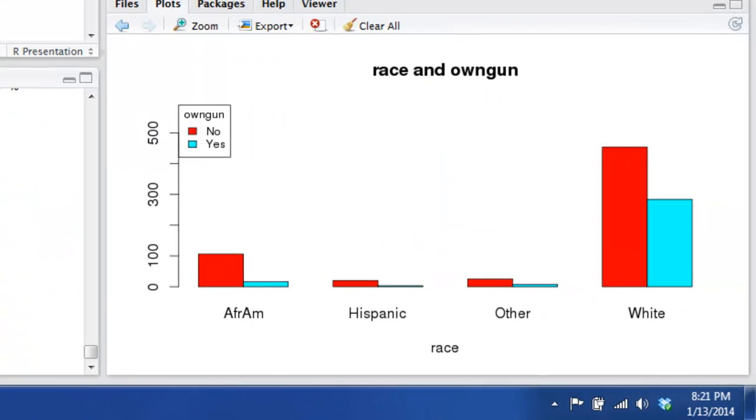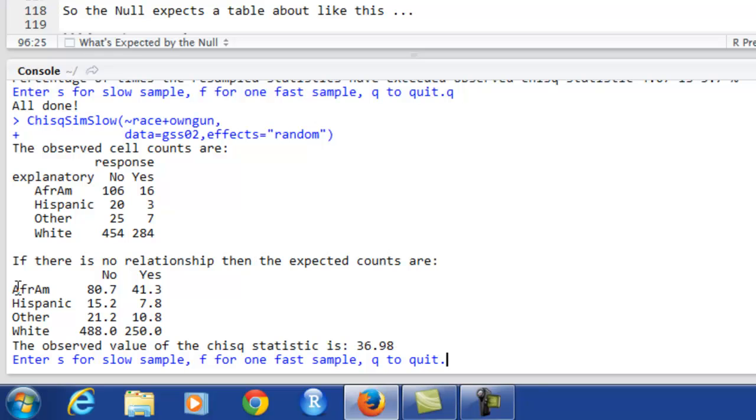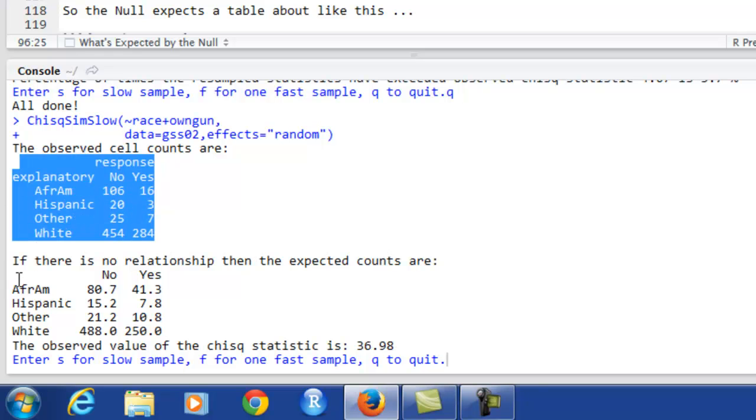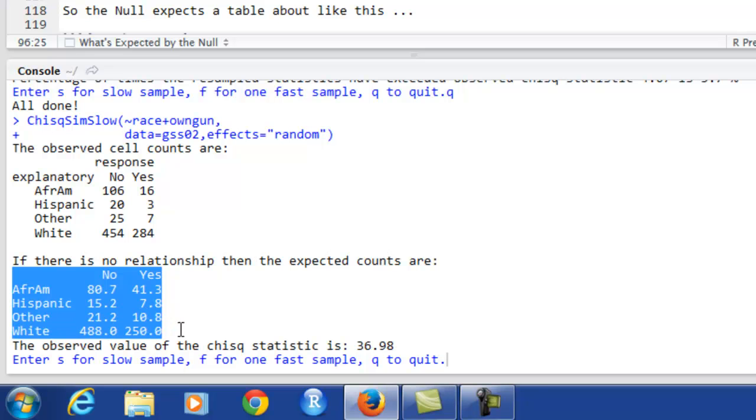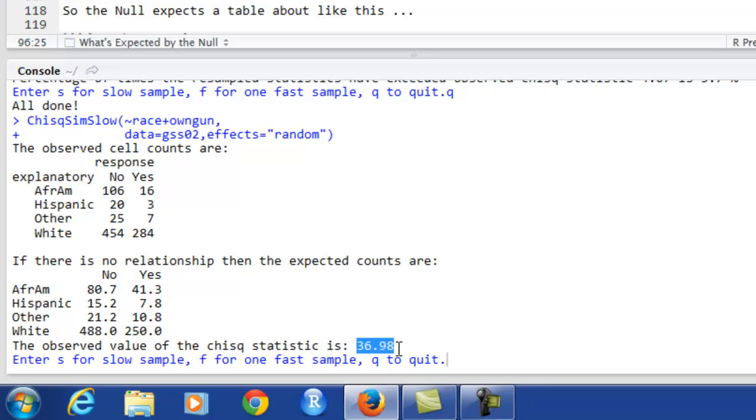In the graph window is our two-way table. And over in the console, we see the two-way table, and we see the two-way table that the null would expect. We see the chi-square statistic is about 37. And if we enter F for fast sample, then we'll begin to build up a histogram of resampled chi-squared values.